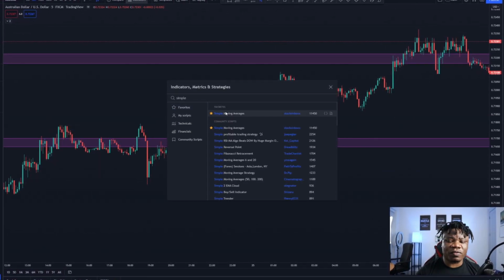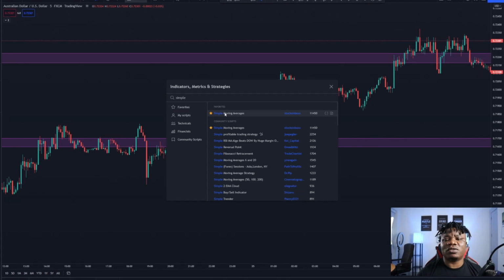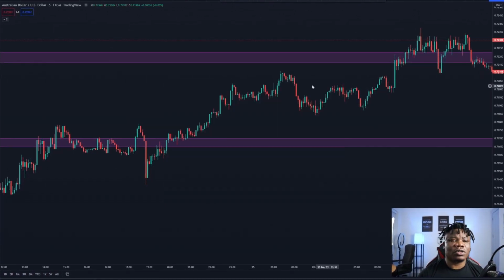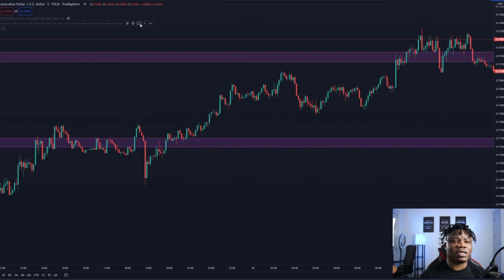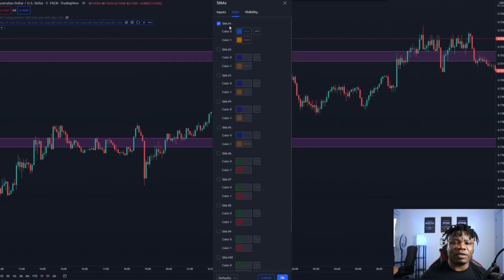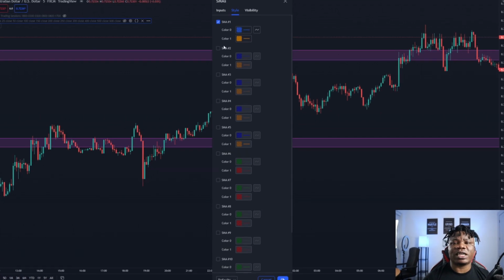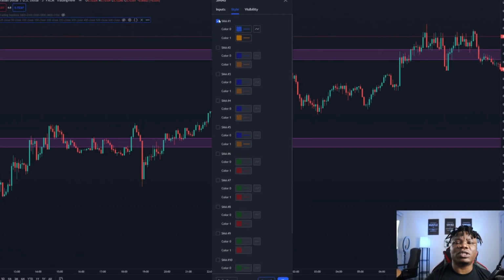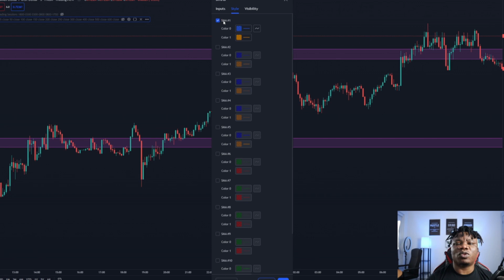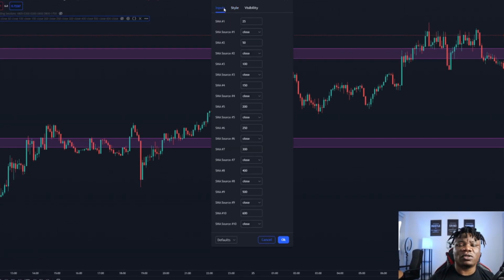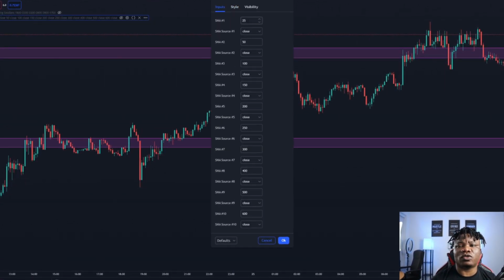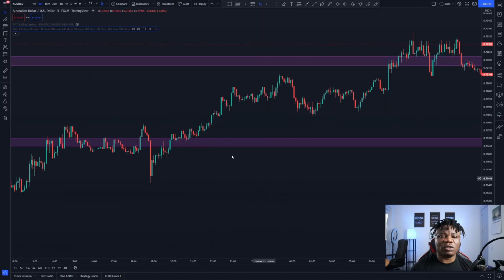Once you find it, you click on it and add it onto your chart. Once you're done, you exit, then go here to settings and make sure you uncheck everything and only check SMA number 1. Then you go to inputs and change that to 25. Once you're done, you click on OK.